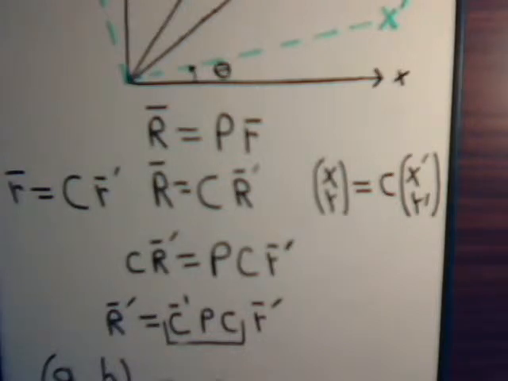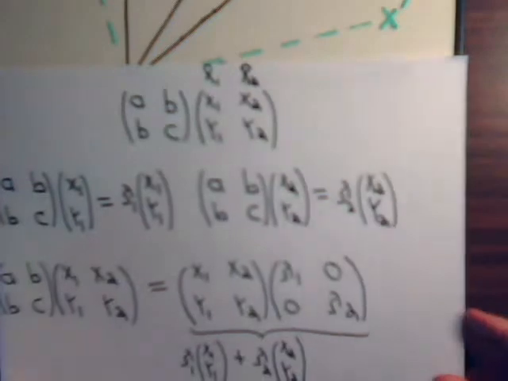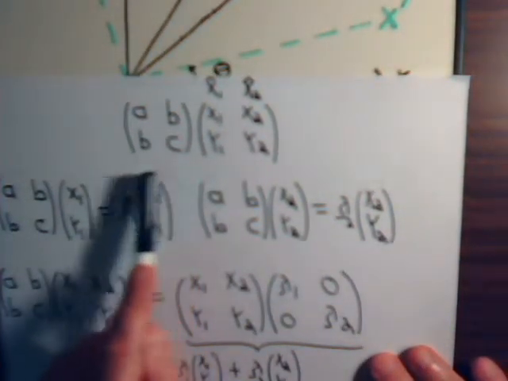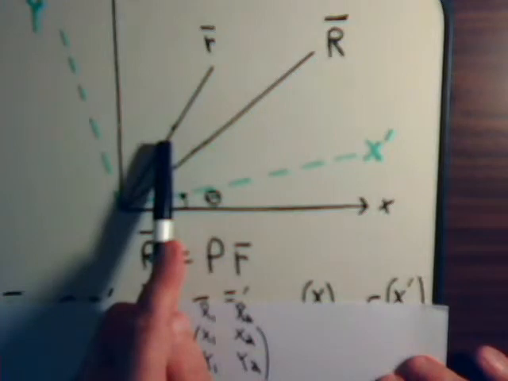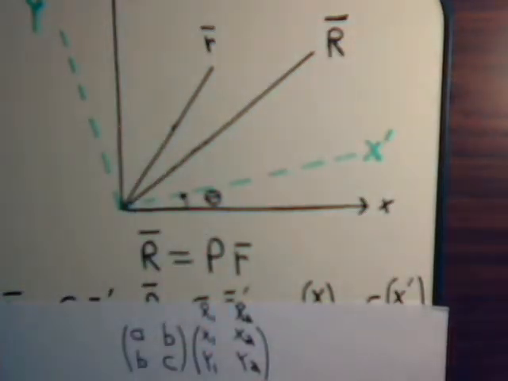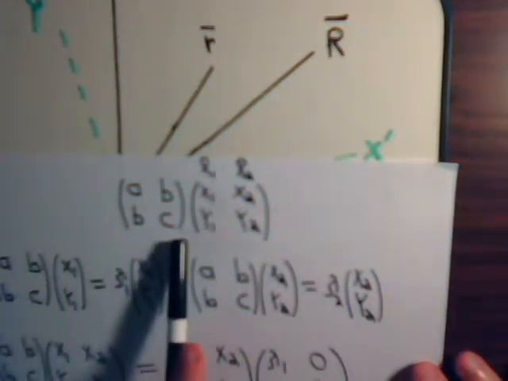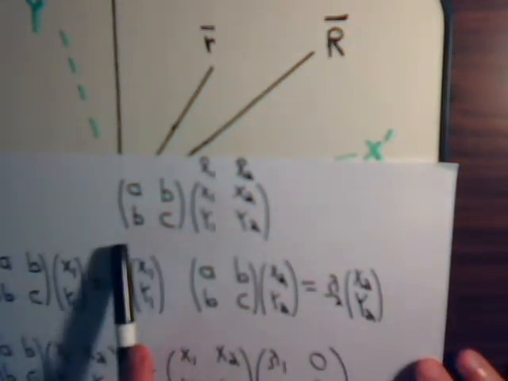So we're saying that we have a matrix P, a symmetrical matrix P. Remember what P does? P transforms small vector r into large vector R. And now we're saying, what happens if we have a symmetrical matrix P?